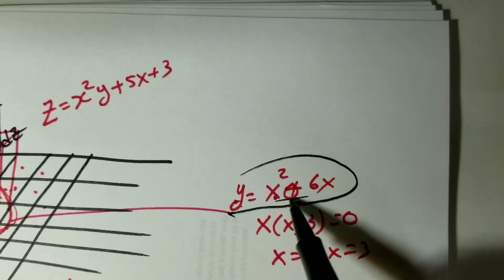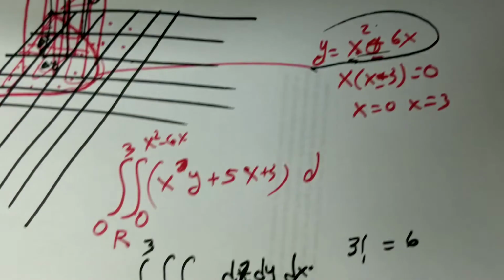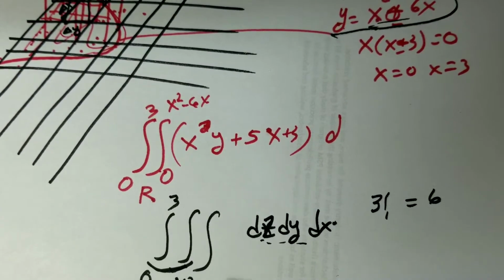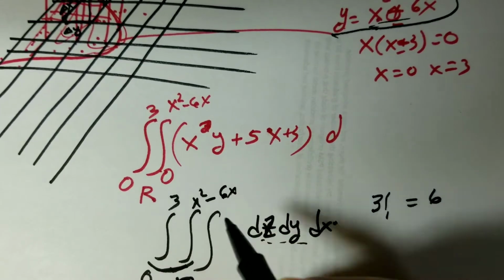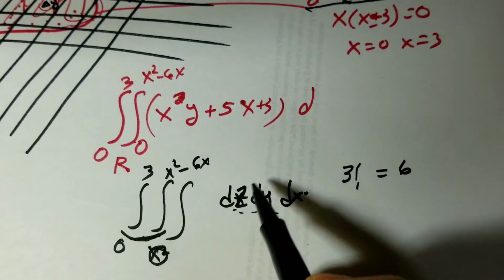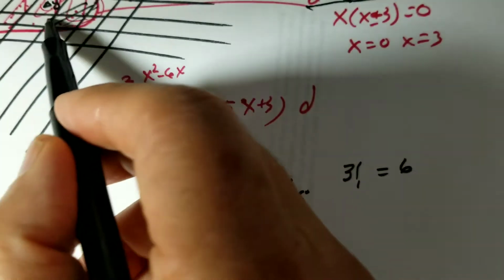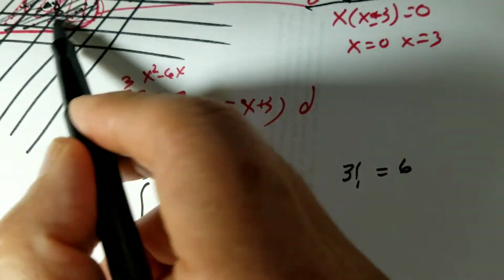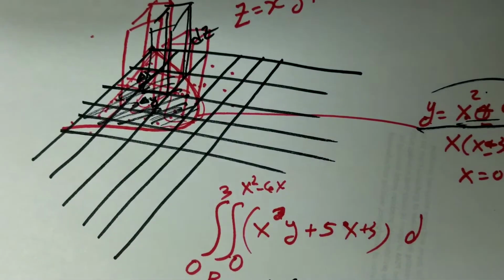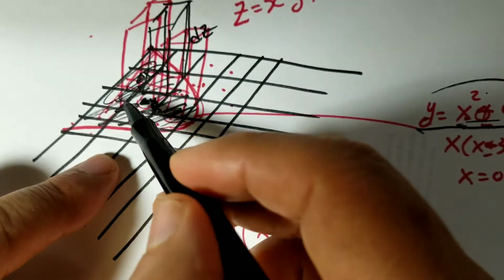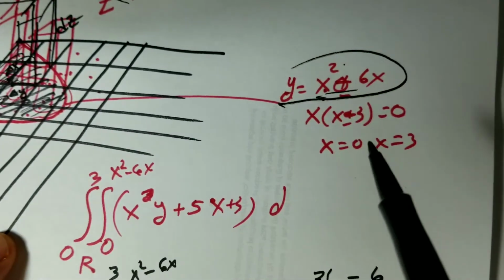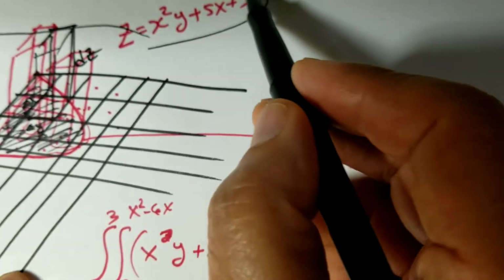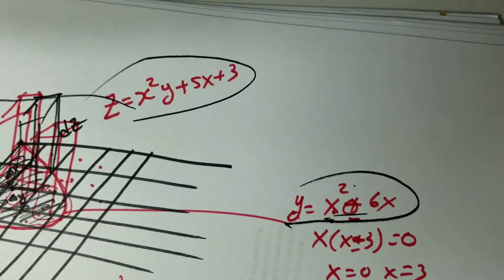But my y goes from the bottom to the top, which is x squared, bottom is 0, and x squared minus 6x. But what is your z? If I'm talking about the first octant, they have to let you know, your z here is 0, and the top z is right here, because I told you this is your z.